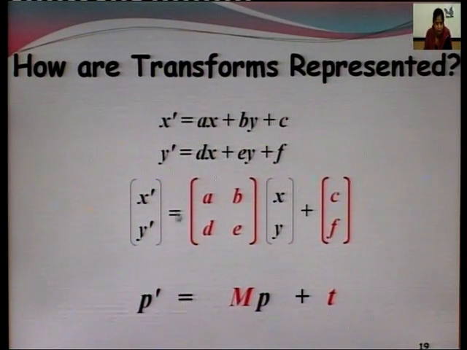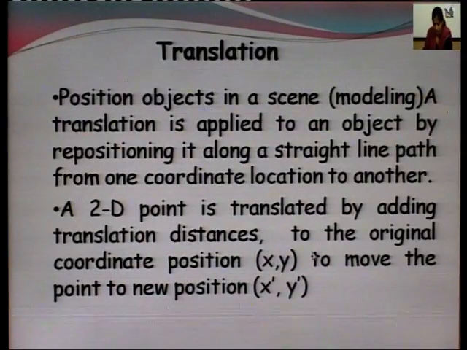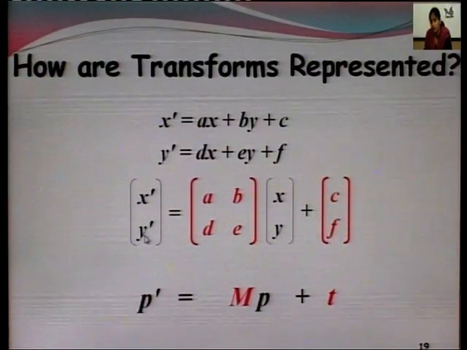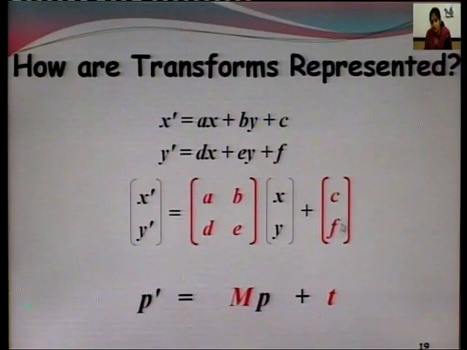So, this is a transformation matrix which will define the type of transformation that is to be performed on the original point x, y. The values of this transformation matrix will decide how the point is going to be transformed into the new point. This c, f is a constant vector.